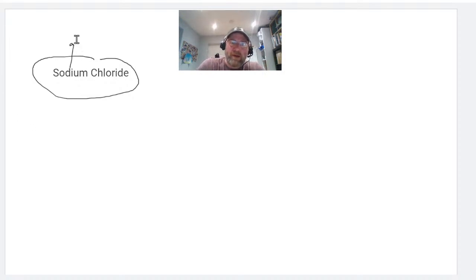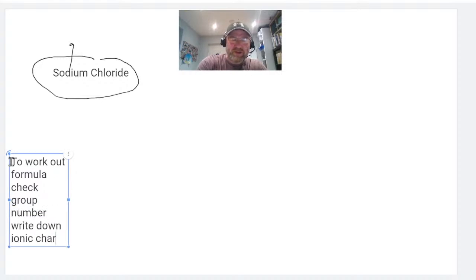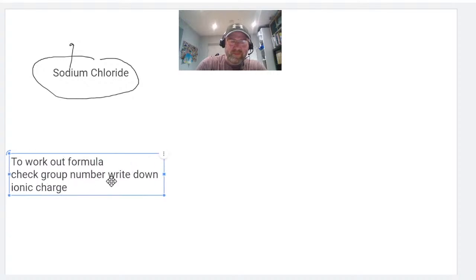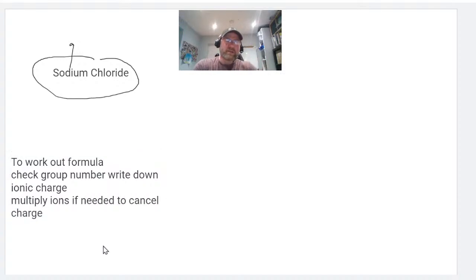So to work out a formula: check group number, write down ionic charge, multiply ions if needed to cancel charge. Some people call it swap and drop. I'll show you both ways.